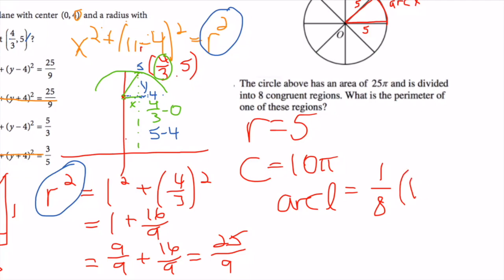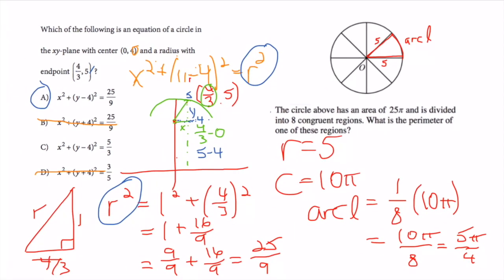Okay, times the circumference, it's 10 pi, is just 10 pi over 8, which I can reduce to 5 pi over 4. Okay, so my arc length is 5 pi over 4.